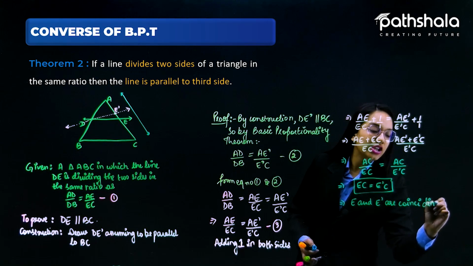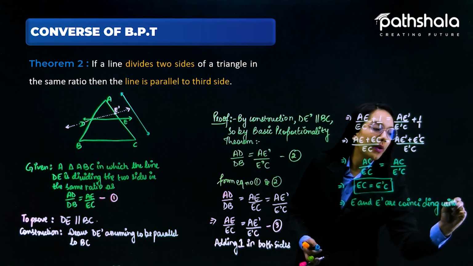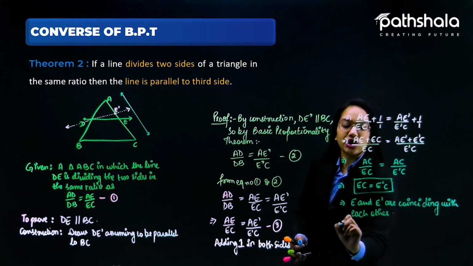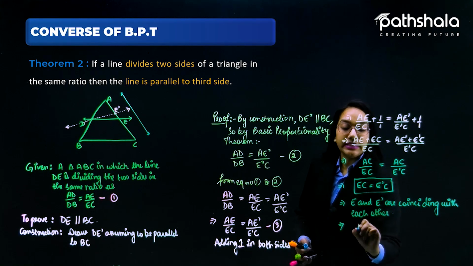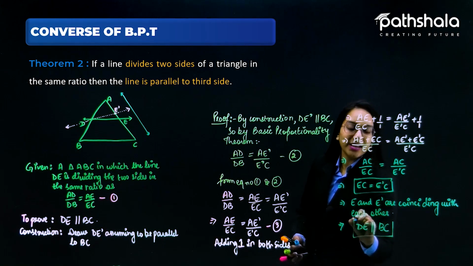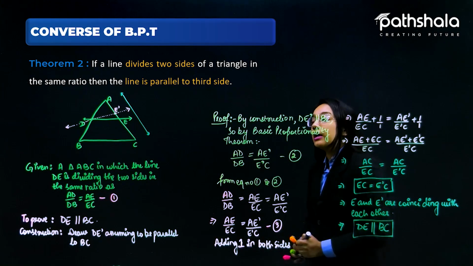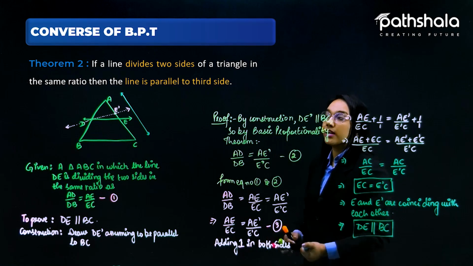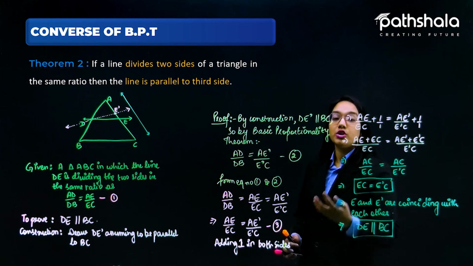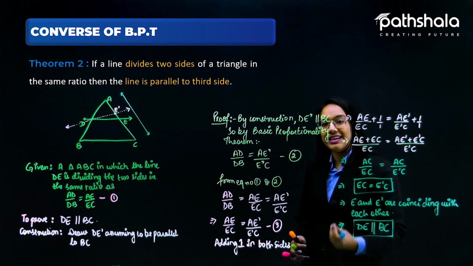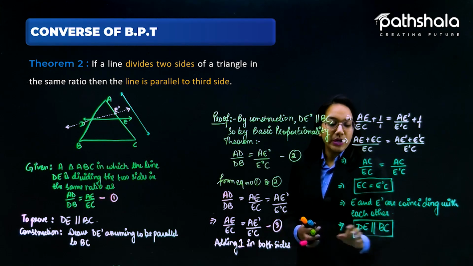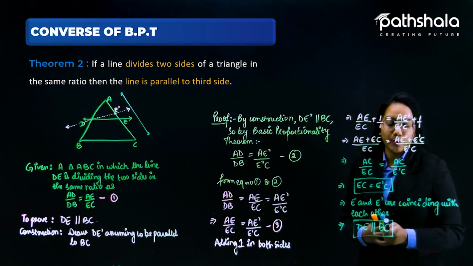And if they are coinciding, it implies that DE is parallel to BC, because we have taken DE as a line which divides the two sides in the same ratio. So the line DE is parallel to the third side, that is BC.